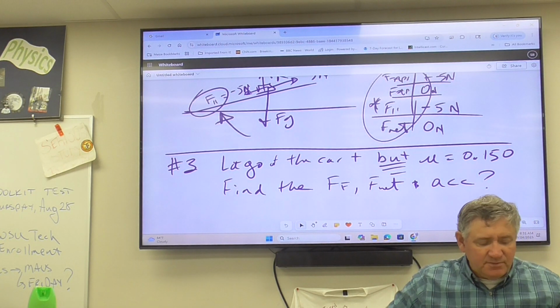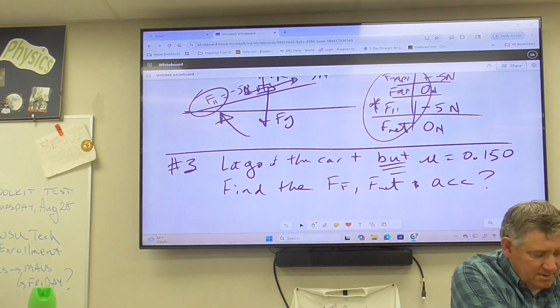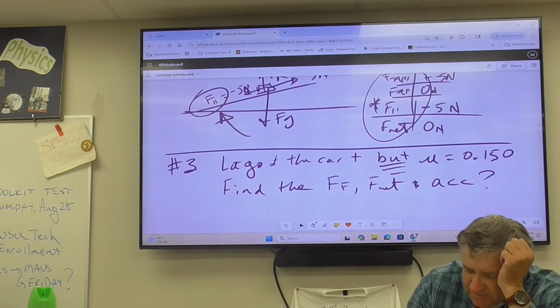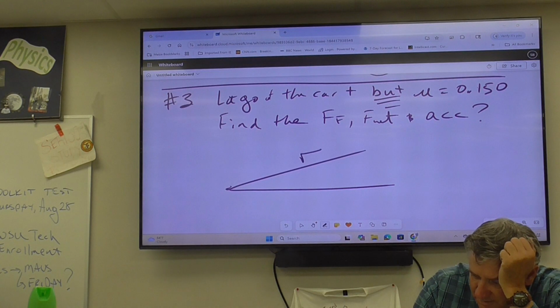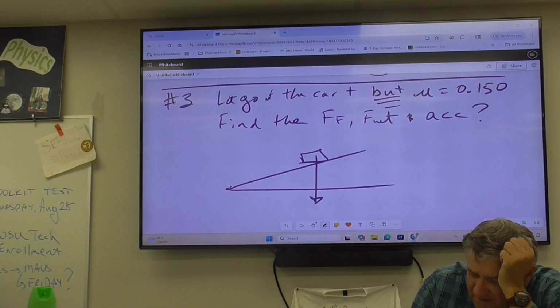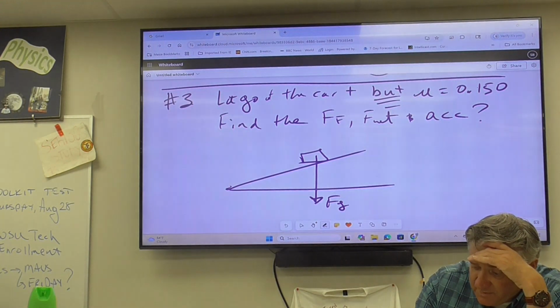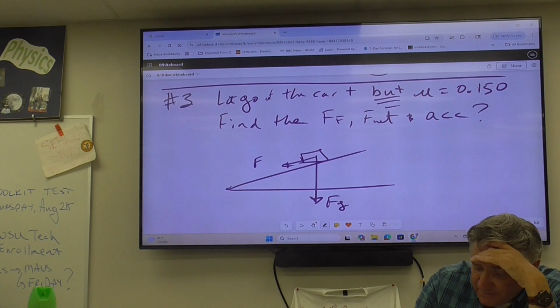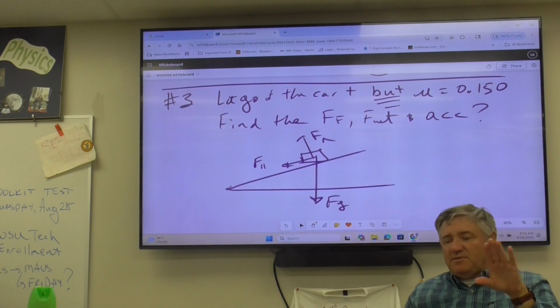But before you do any math at all, think this through in terms of your diagram. So you still have the trifecta. You still have your gravitational force, you still have your force parallel, you still have your force normal.